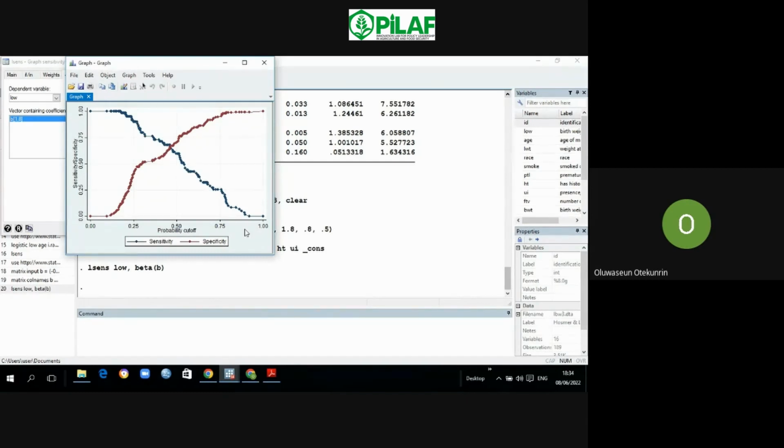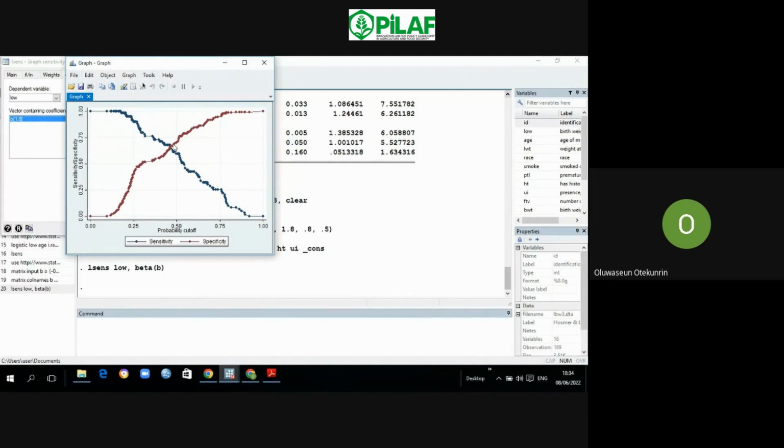If you look at our 0.50 for the probability cutoff, for the blue one, sensitivity, if you trace it, it's more than 0.50. The same cutoff, if you check it for your specificity, you see that it's higher than that sensitivity. It's very close to 0.75.